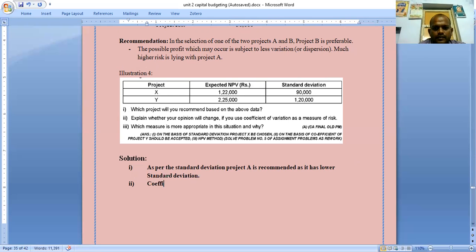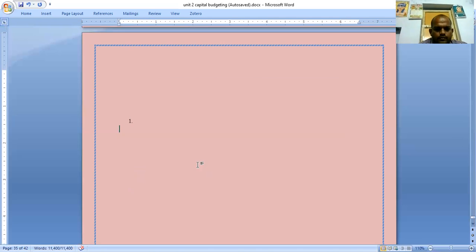Coefficient of variation formula is standard deviation by expected NPV.